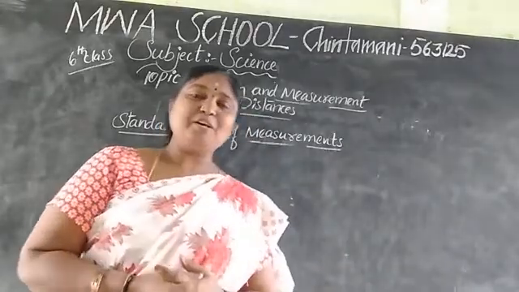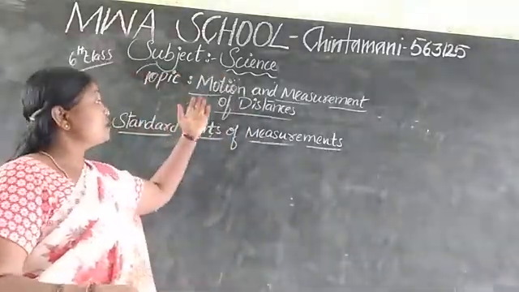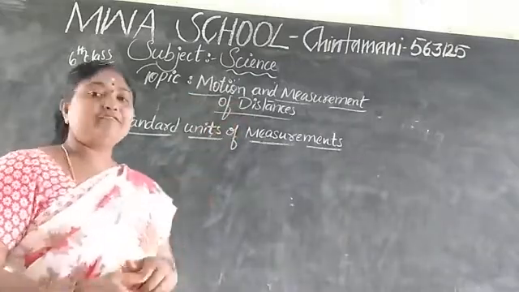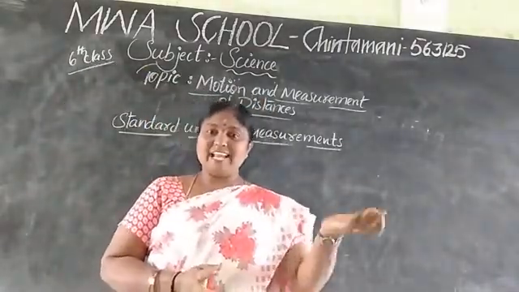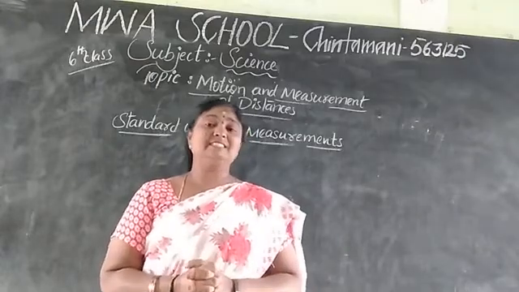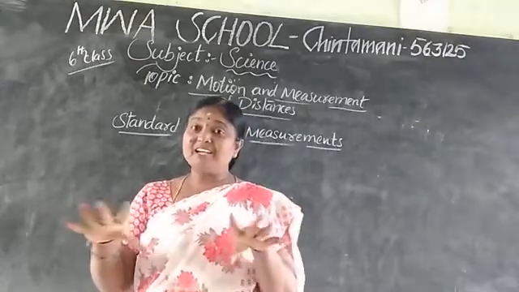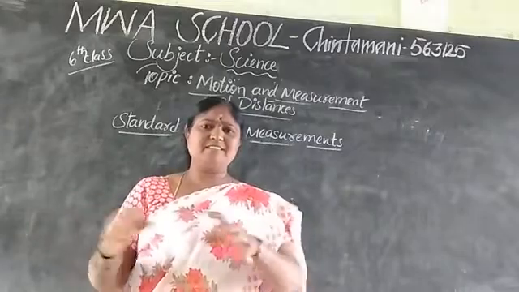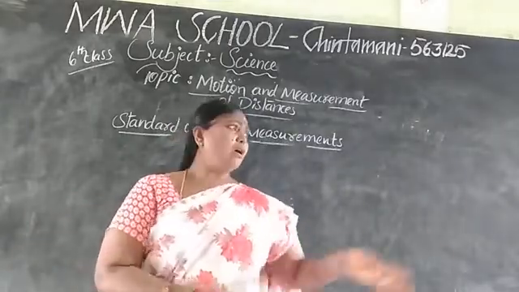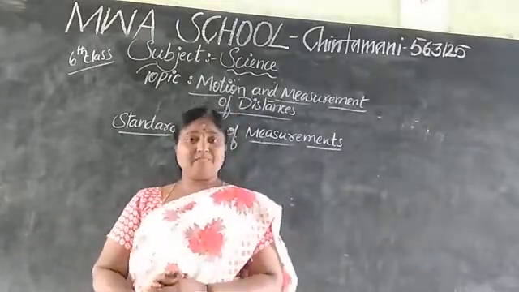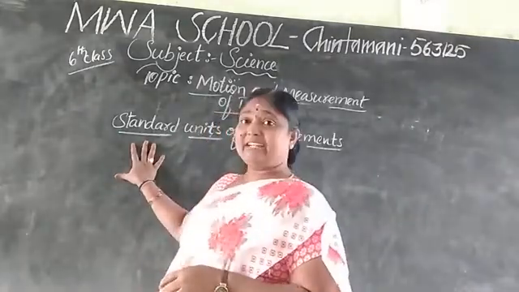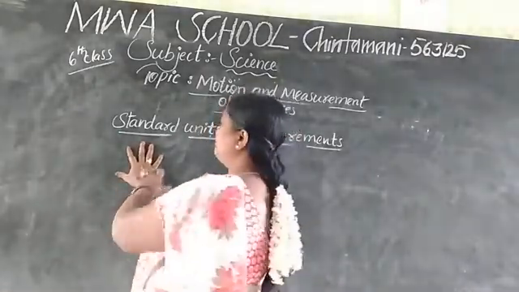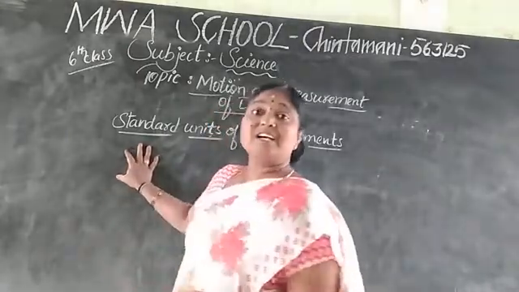So what is our topic, children? Motion and measurement of distances. Yes. In the last class we learned how to measure the distance, that means the length of a table or a classroom, or cloth, by using our hand span, from the little finger to the thumb.